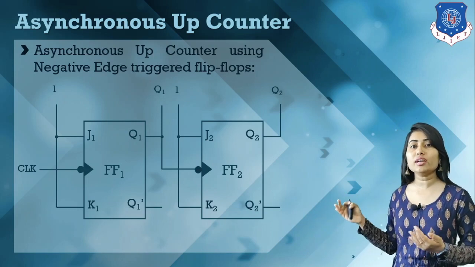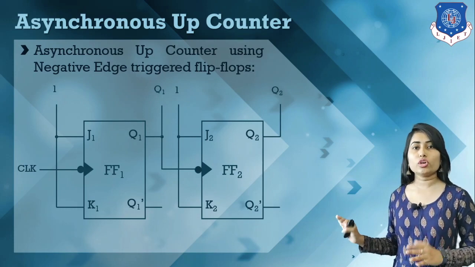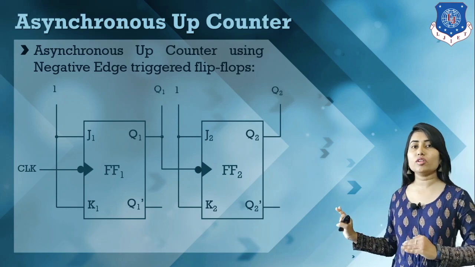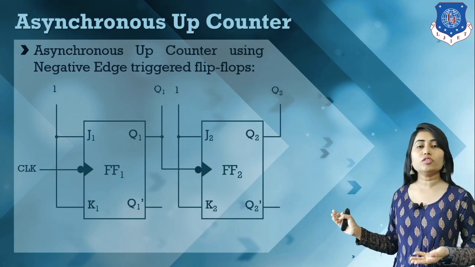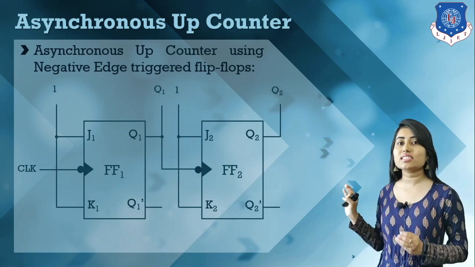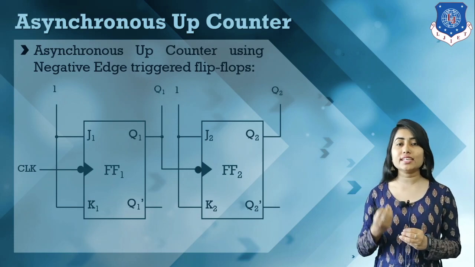That means the second flip-flop will be active and count its value. So the first flip-flop will be active first and then the second flip-flop, because our flip-flops work only at the clock.